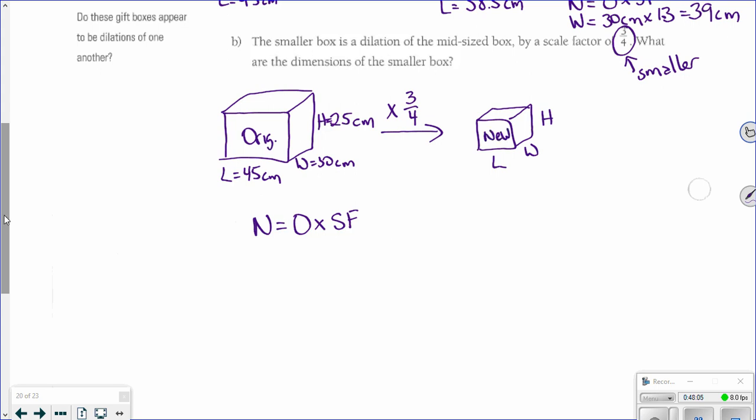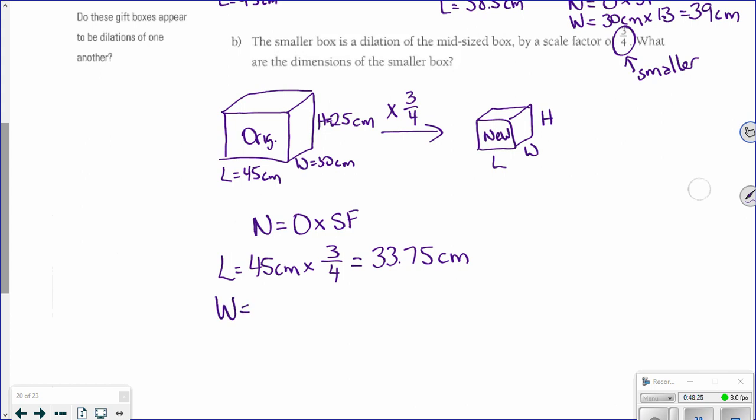So for the length, our original length was 45 centimeters times our scale factor of 3/4. So in your calculator, you do 45 times 3 divided by 4. You're going to get 33.75 centimeters.